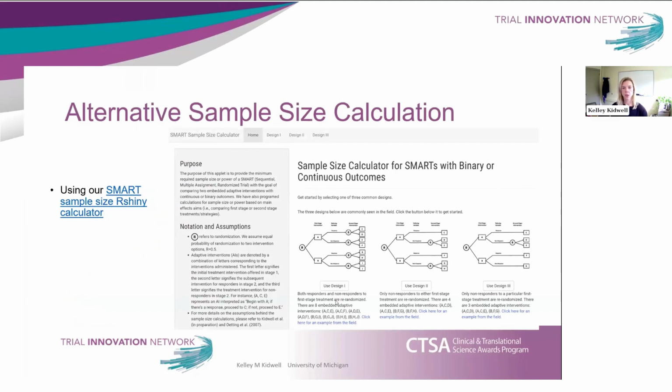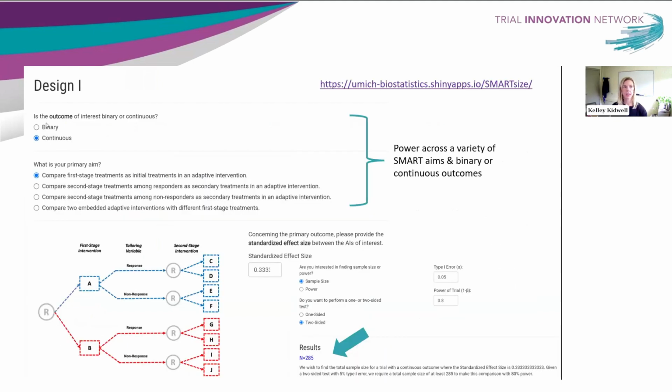You can click on this, and then you'll click on the design that you're interested in, and then you'll see that whether your outcome is binary or continuous, or if you have a primary aim regarding the first stage treatments or the second stage treatments, or the dynamic treatment regimens, this sample size calculator can help calculate the sample size required. It's a nice interactive R-Shiny applet that will highlight what it thinks you're telling it to power on to ensure that's the case. And it will give you results below, which you can inflate based on missingness or potential loss to follow-up.